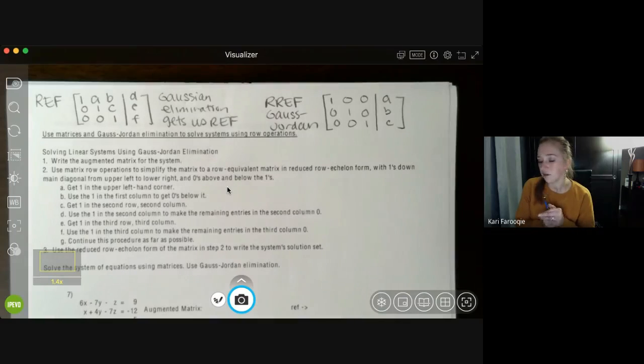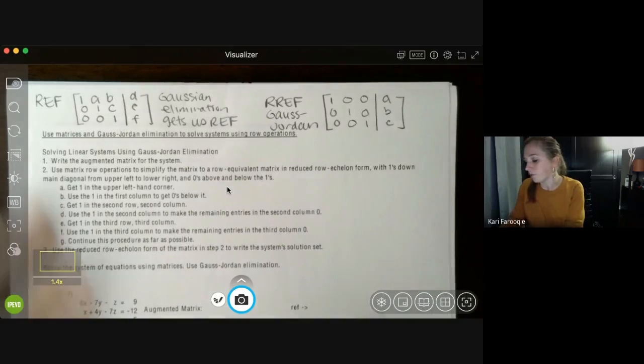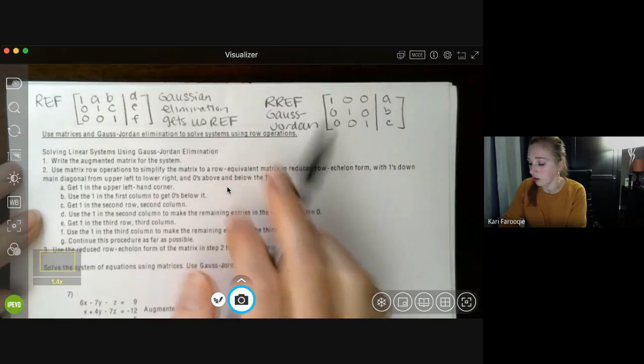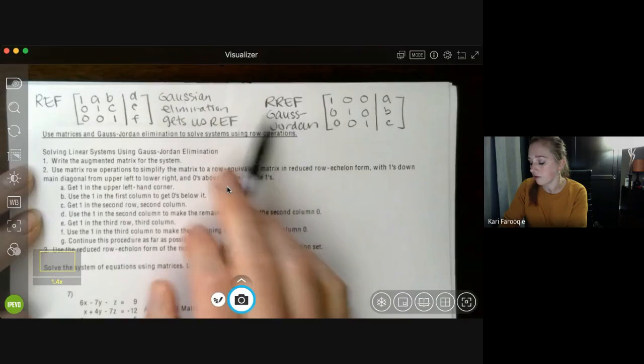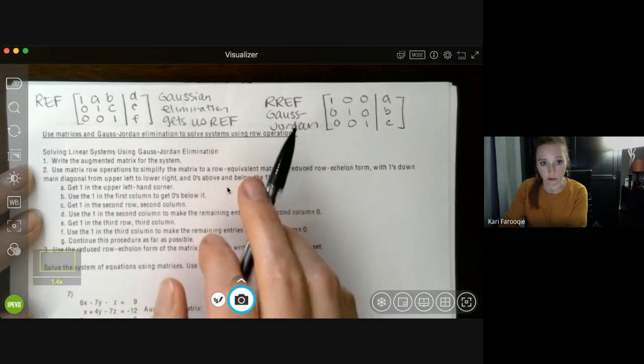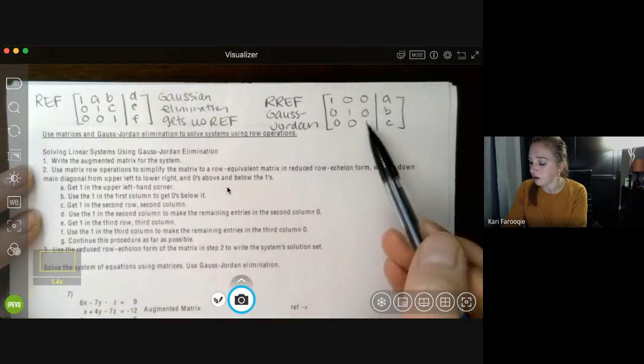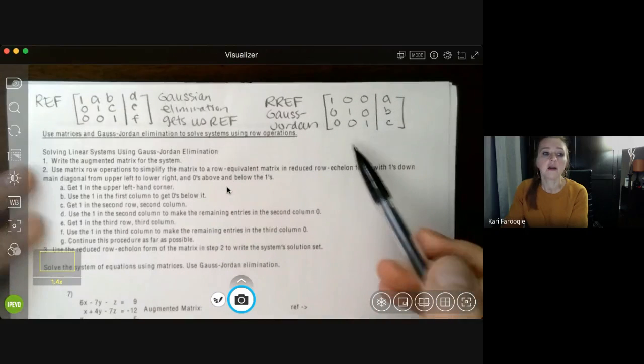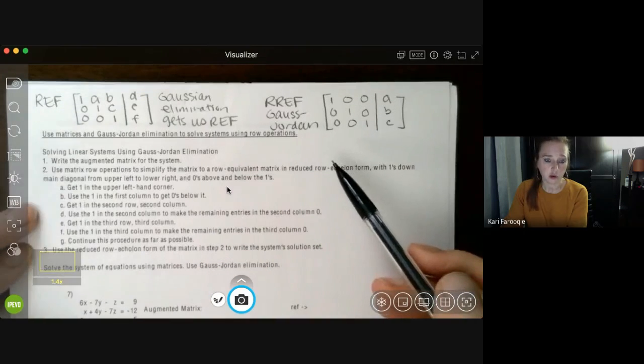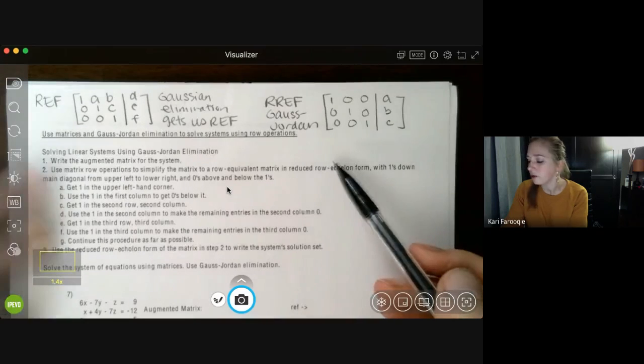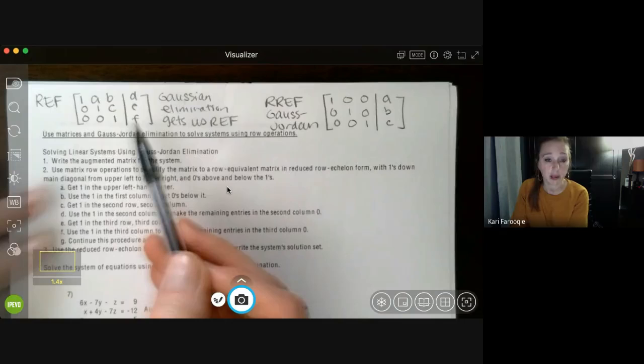Now, when we did this in our calculators, we used the RREF function, and what we ended up getting looked like Gauss-Jordan form. So ones on the main diagonal, zeros everywhere else. The nice thing about Gauss-Jordan form is that if you can get your matrix into it, you don't have to back substitute.